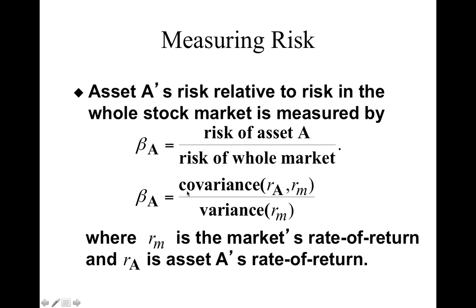So I'm basically looking at how the rate of return on Apple's share varies with the rate of return on the stock market, some index rate of return. So that is called covariance, how they vary with each other. So that determines the risk of the asset A, but its total riskiness depends upon how this covariance turns out in relation to the variance, which is the variability of the total market rate of return.